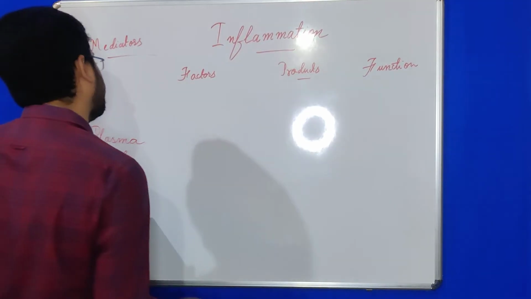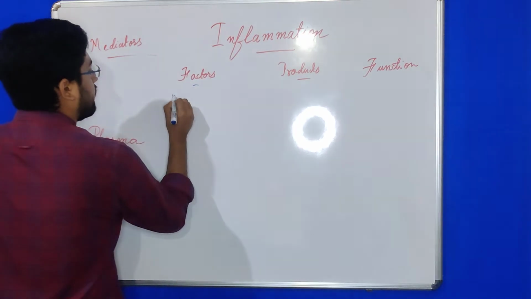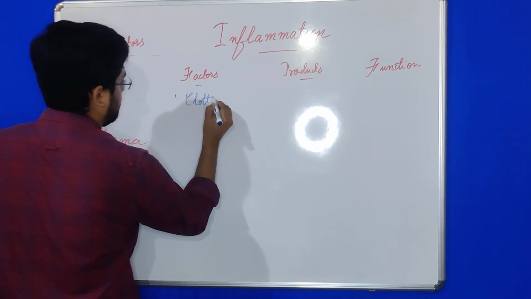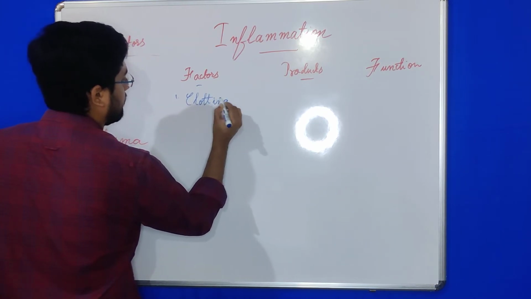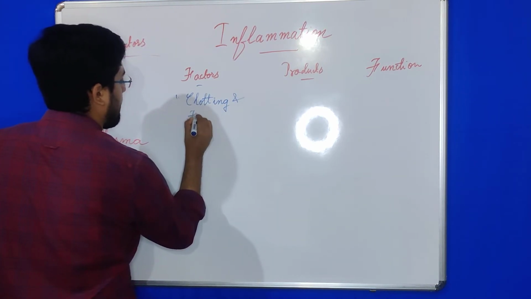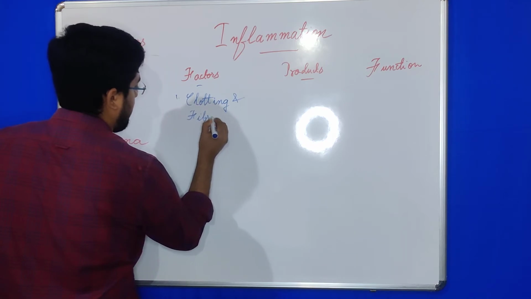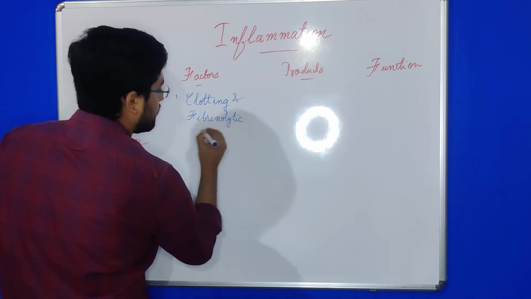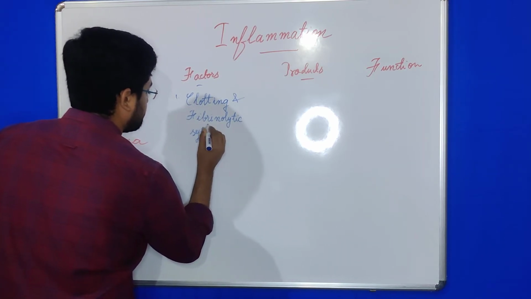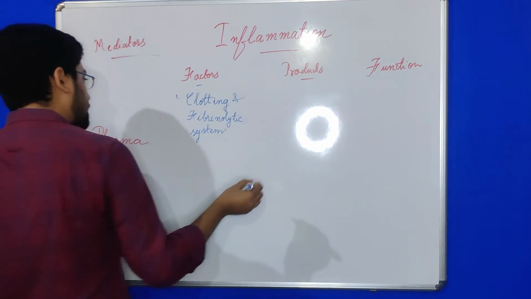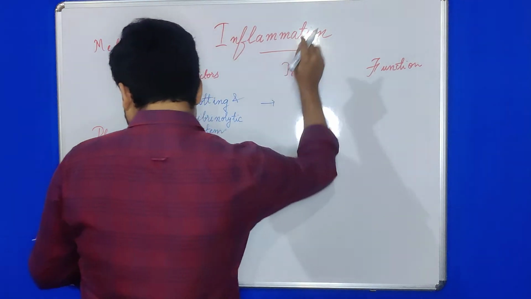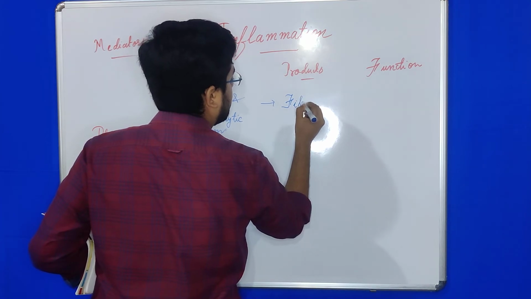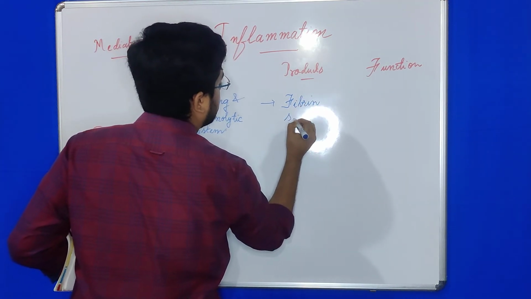First is the clotting and fibrinolytic system. They produce fibrin degradation products, fibrin split products.